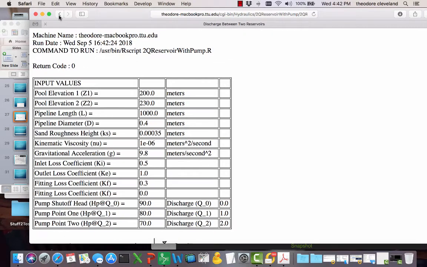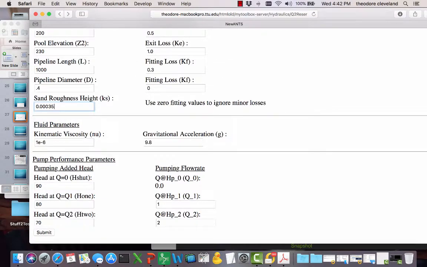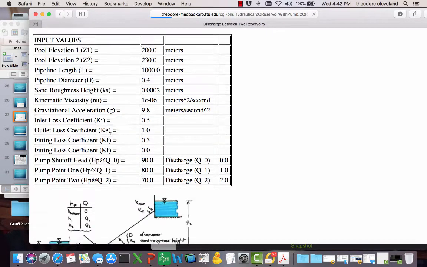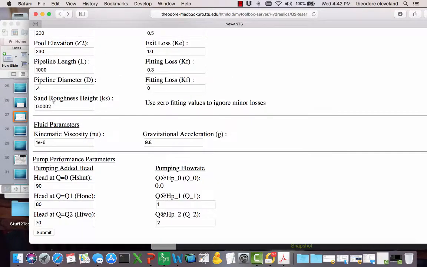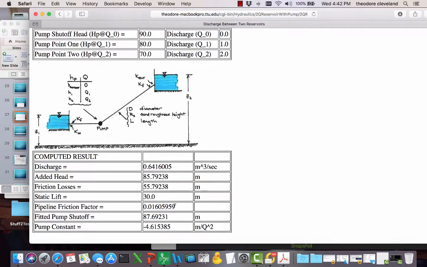Pipeline friction factor too big. Still a little too big. How about 15? Okay, that's as close as I'm going to get to 0.015, I think.